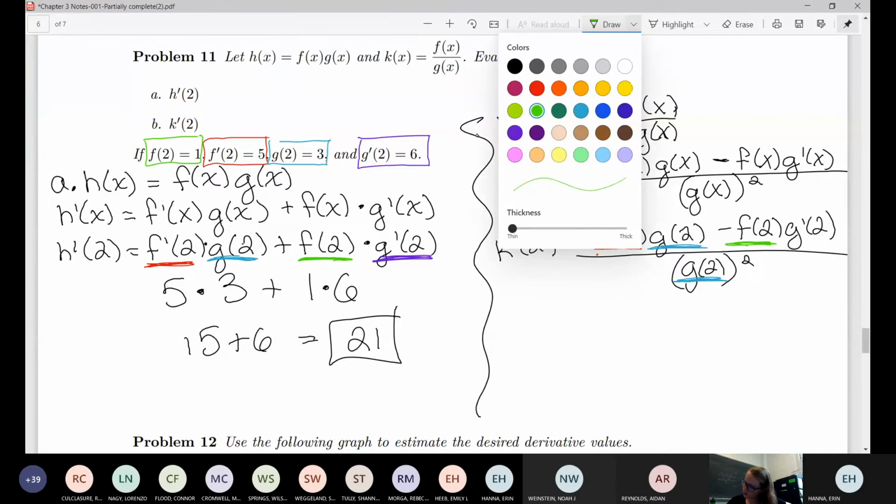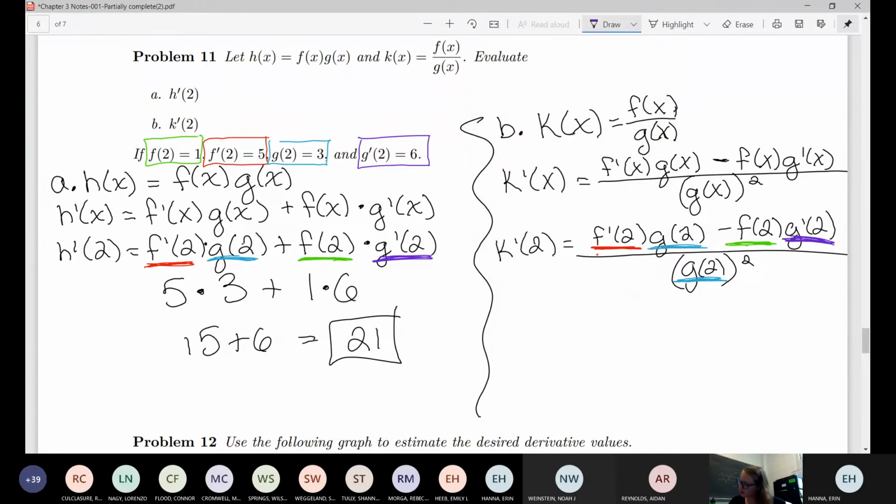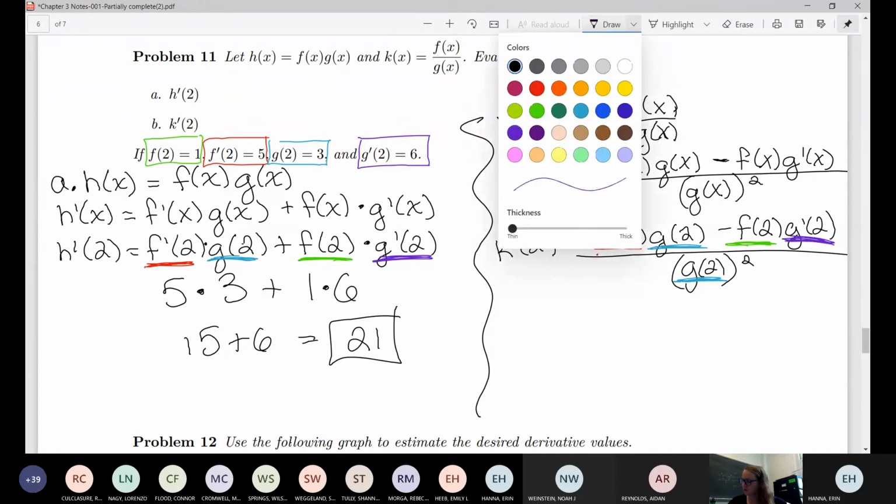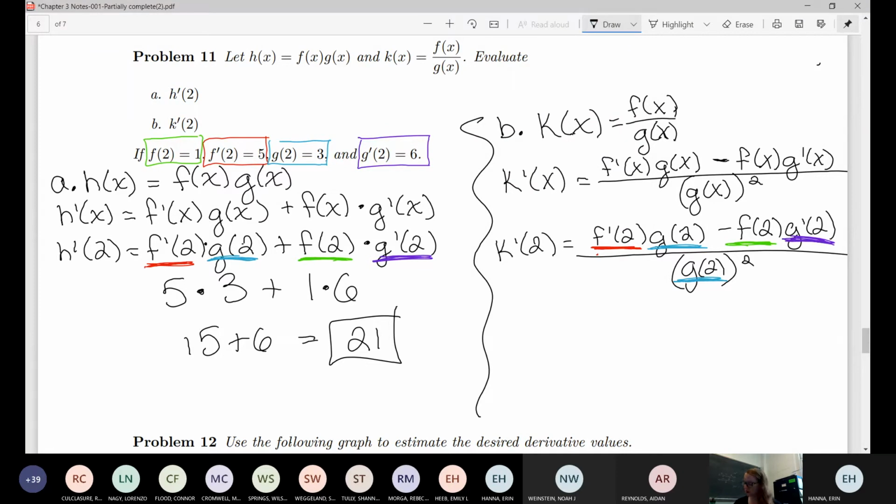F of 2 and g prime of 2. So we've got 5 times 3 minus 1 times 6 all over 3 squared. So 9 over 9 is 1.